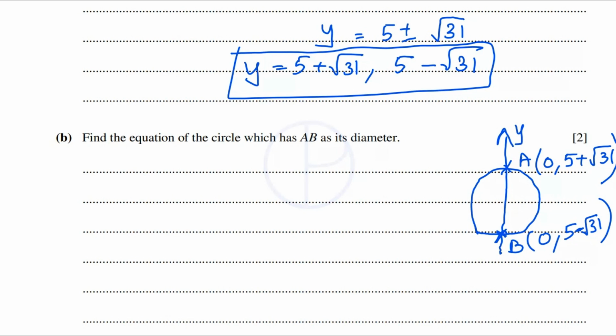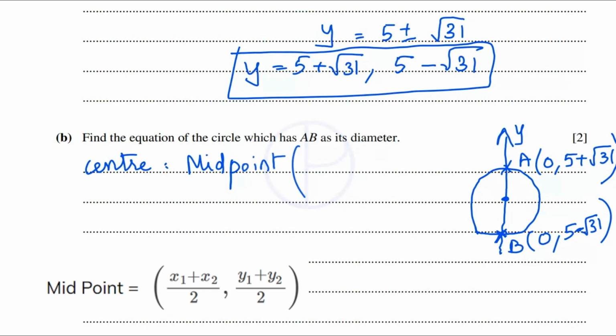So to find the equation of the circle, first we need to know the center and we need to know the radius. The center of the circle is nothing but the midpoint of A and B. So 0 plus 0 divided by 2, and y coordinate value is 5 plus square root of 31 plus 5 minus square root of 31 divided by 2.